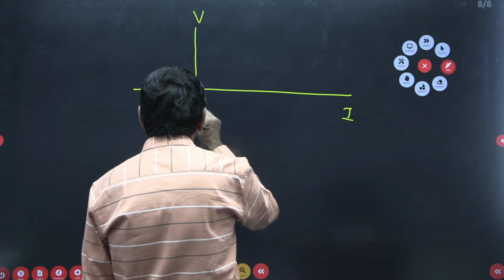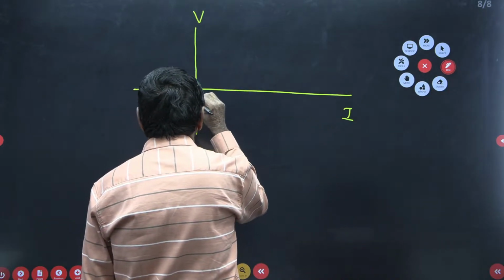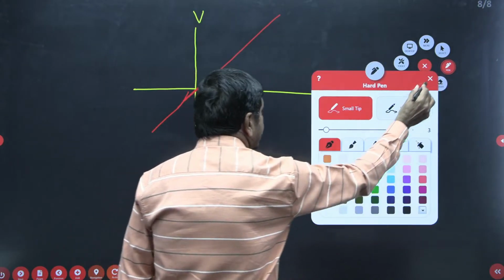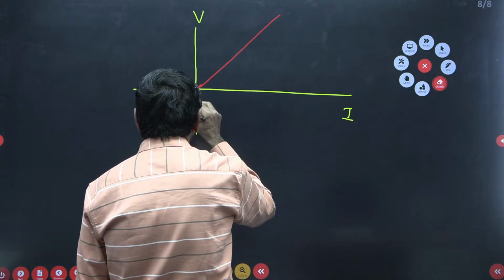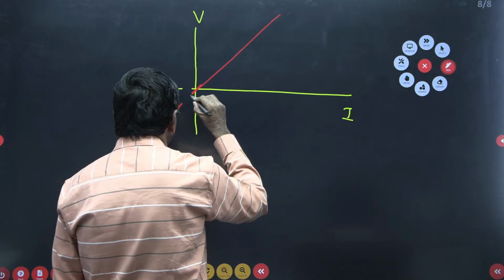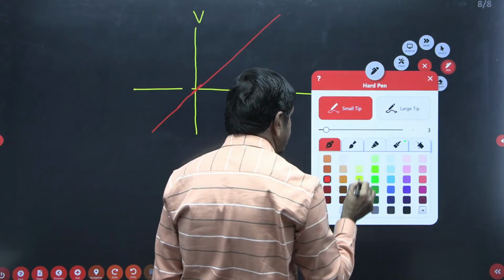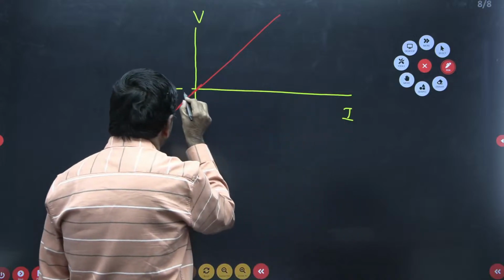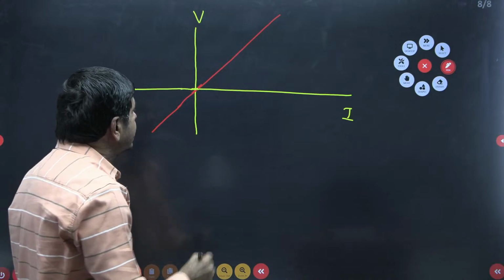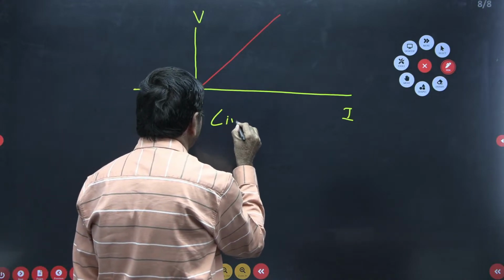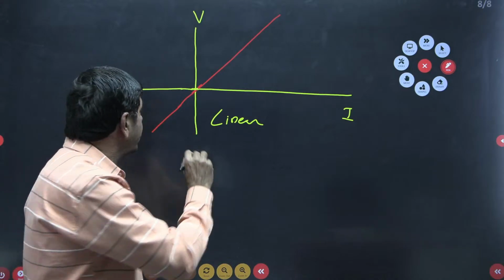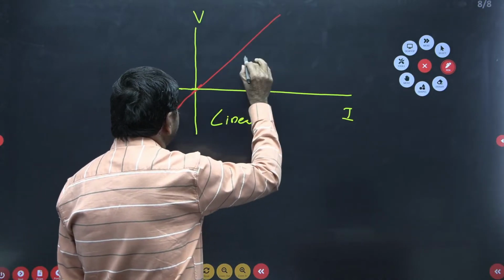It is a straight line, and it is a straight line passing through the origin only. It must pass through the origin. That point is very important. This is said to be a linear element. So it must be a straight line and must pass through the origin, then only we can say it is linear.